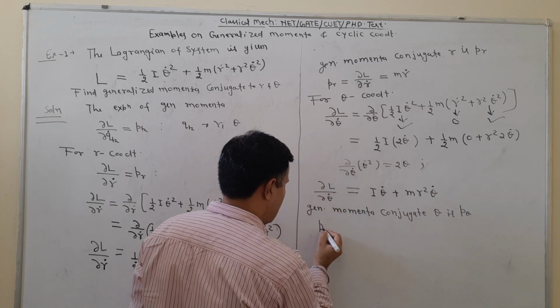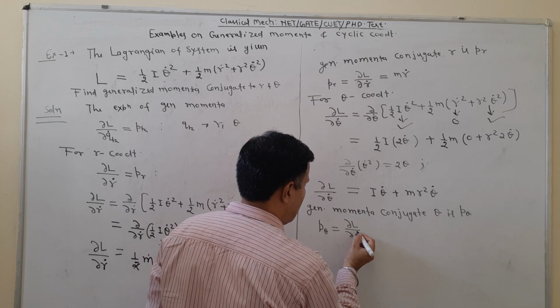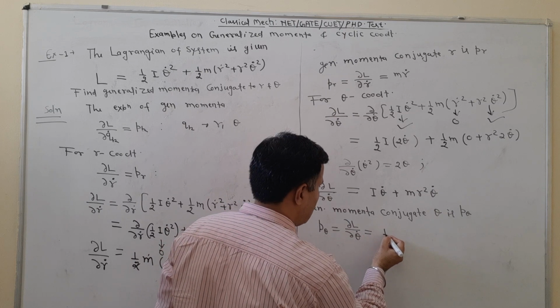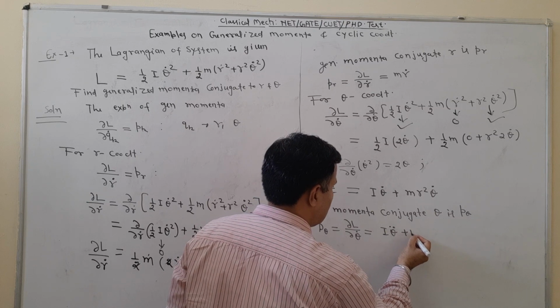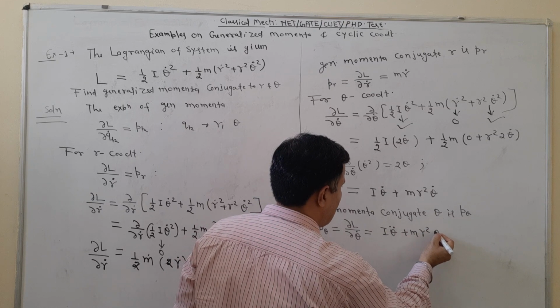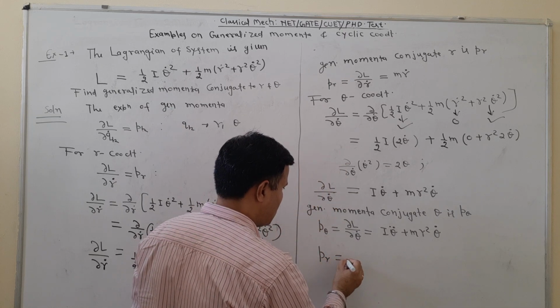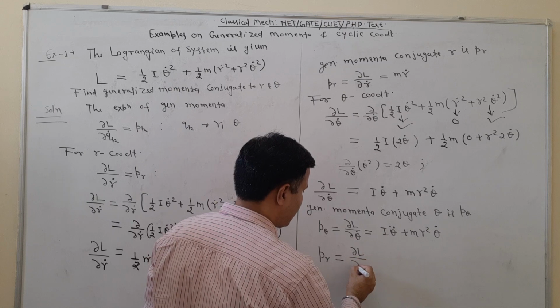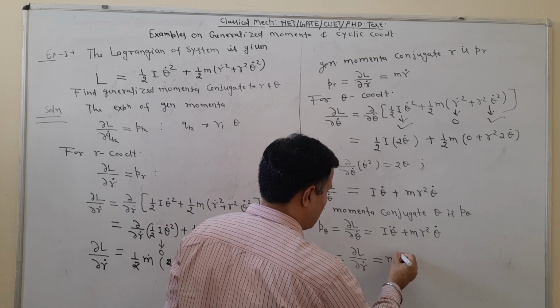So p theta is del L upon del theta dot, which is I theta dot plus m r square theta dot, and our PR is del L upon del r dot, which is m r dot.